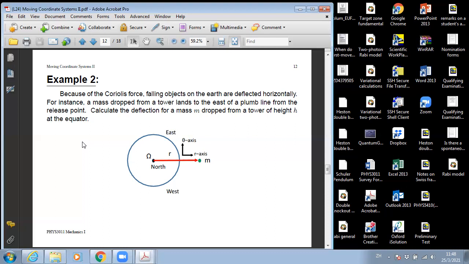Earth, okay, the Earth's surface. So it is rotating about this axis.